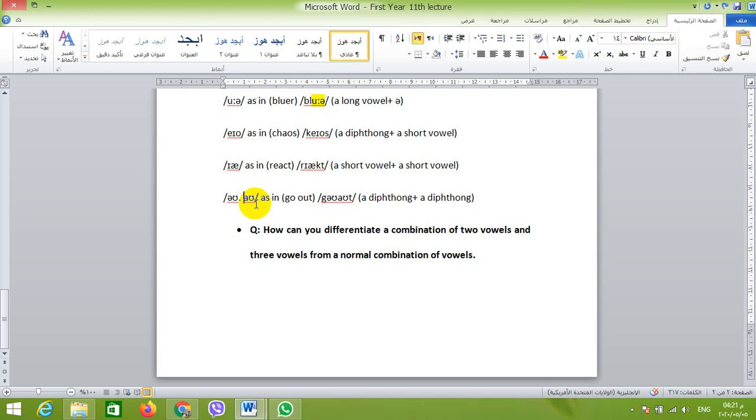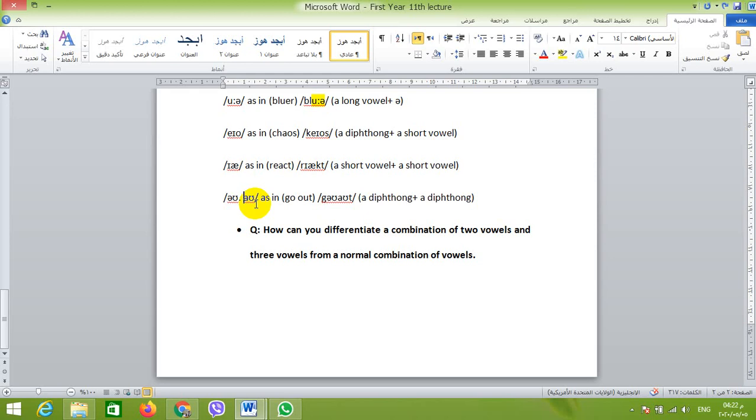Now a question to conclude this lecture is, how can you differentiate a combination of two vowels and three vowels from a normal combination of vowels?